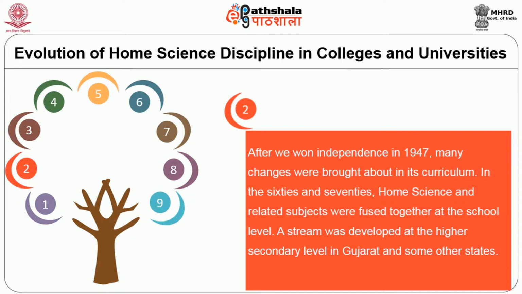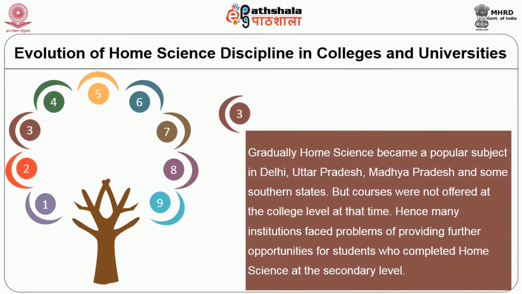In the 60s and 70s, home science and related subjects were fused together at the school level. A stream was developed at the higher secondary level in Gujarat and some other states. Gradually, home science became a popular subject in Delhi, Uttar Pradesh, Madhya Pradesh, and some southern states.